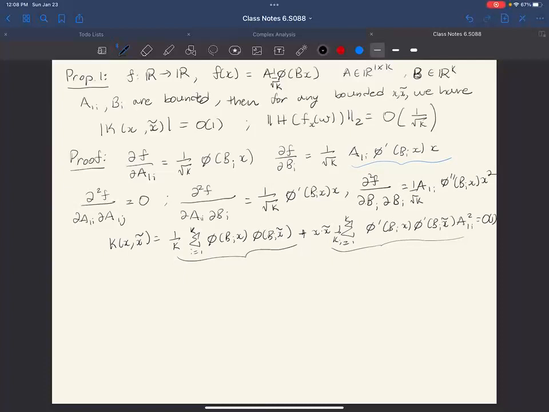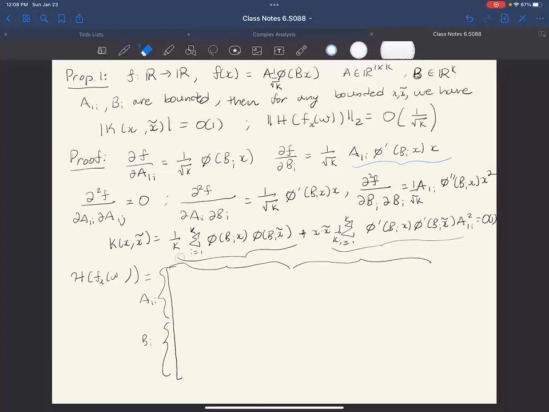Okay. On the other hand, let's look at what the Hessian looks like. So the Hessian is going to be a big matrix. And in fact, if I grouped all the a_i terms here, and then the b_i terms here, so here I'll have my a_i terms and the b_i terms.